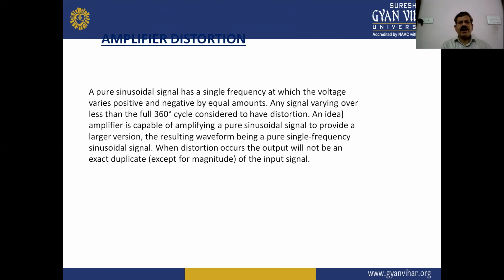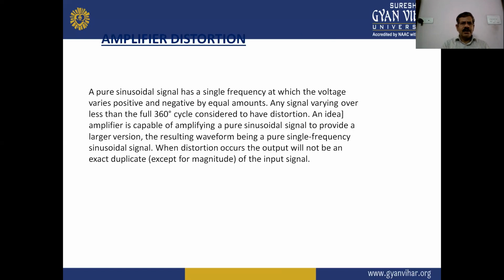Next one, amplifier distortions. A pure sinusoidal signal has a single frequency at which the voltage varies positive and negative by equal amounts. Any signal that varies over less than the full 360 degree cycle is considered to have a distortion.